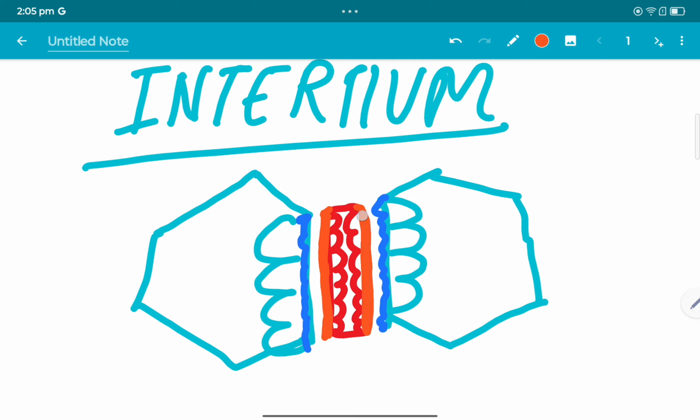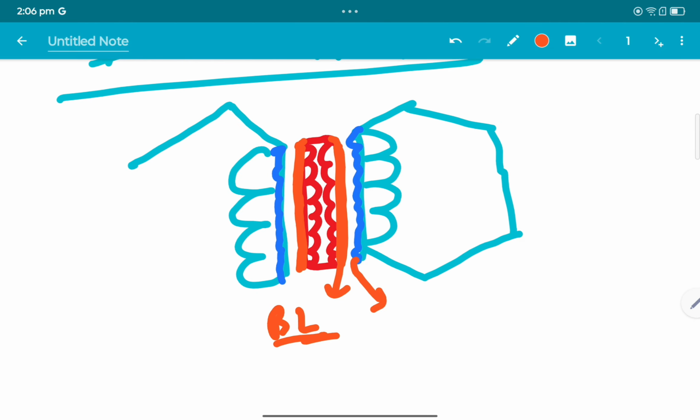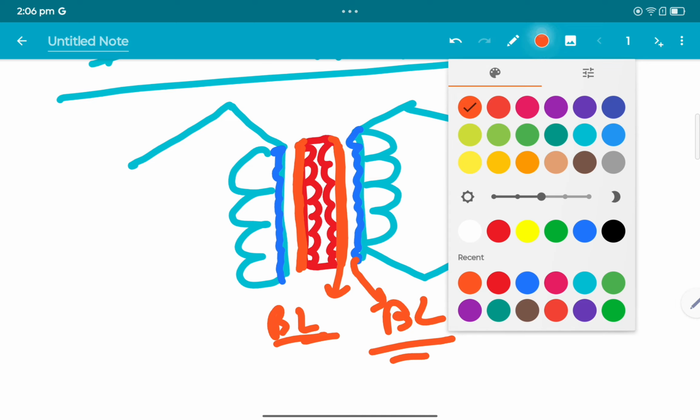So the space between the basal lamina of the alveolar epithelium and the capillary basement membrane, or basal lamina of the capillary endothelium, is called interstitium.